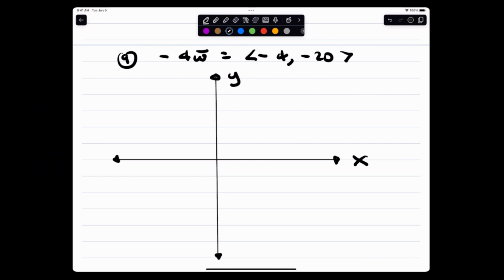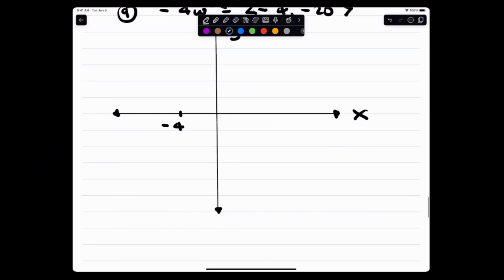Where's the point negative 4, negative 20? I'd have to go to the left, and then I'd have to go down how many units? So I'm just going to sketch this idea here. Let's pretend negative 4, negative 20 is here. There's your terminal point. Your initial point is the origin.